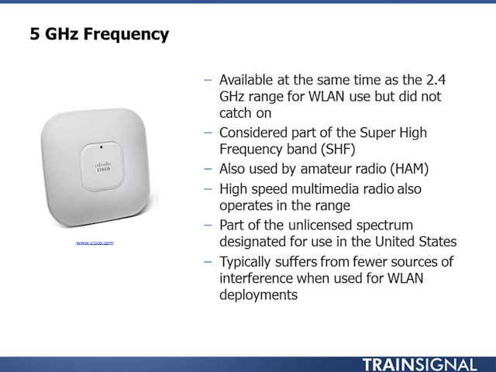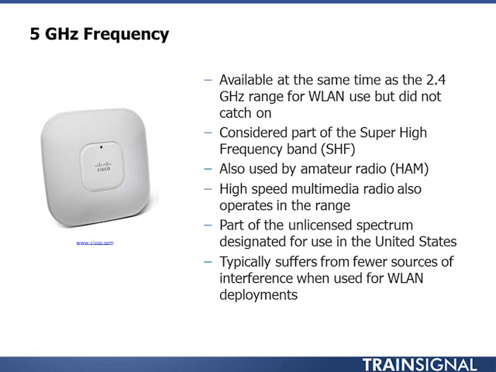They attenuate more, i.e. the signal doesn't go as far, therefore I can't have as good coverage as I can in the 2.4 gigahertz band for the same transmitted power. And so a lot of people prefer the 2.4 simply because the coverage is better.